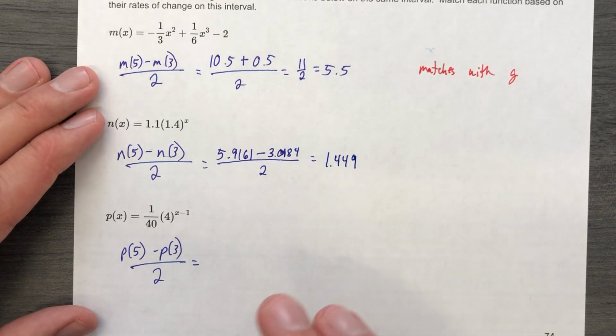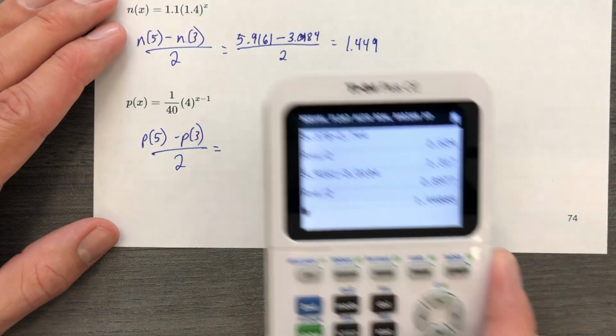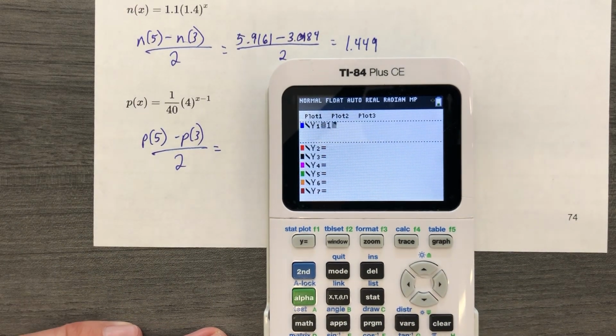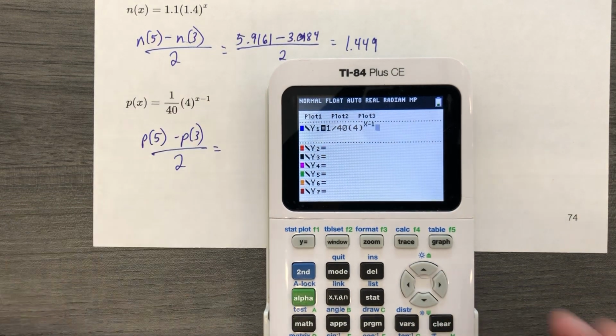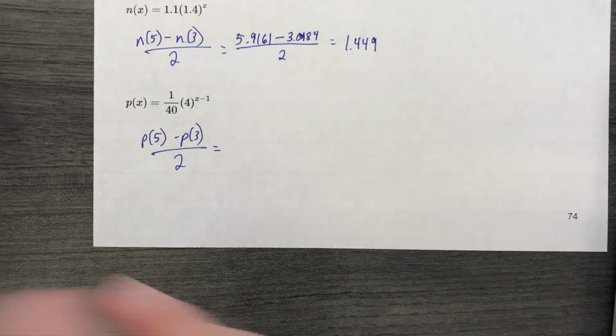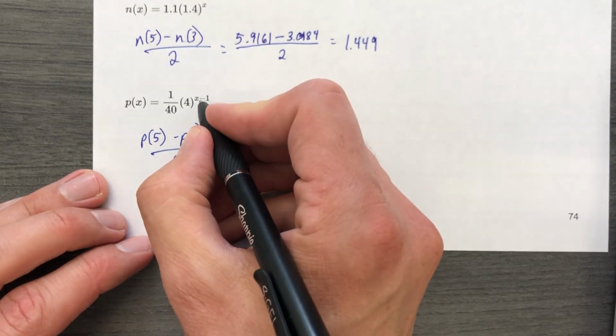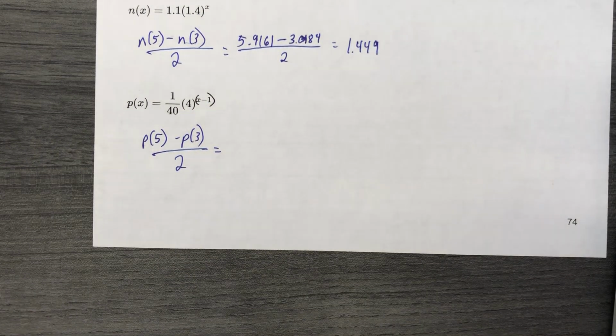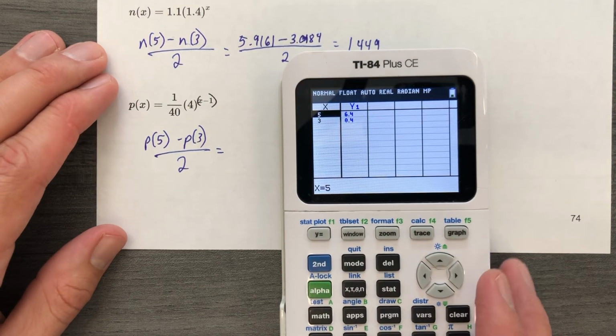Before I say that for sure, let's do the last one and hope that it turns out. 1/40 times 4 to the x minus 1. By the way, if you're going to type this one into Desmos, you're going to need parentheses around that exponent, because when you try to type minus 1 in the exponent, it's going to drop you back down. We plug in 3, we plug in a 5.